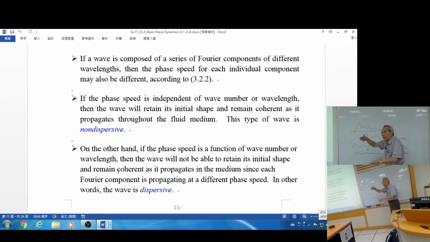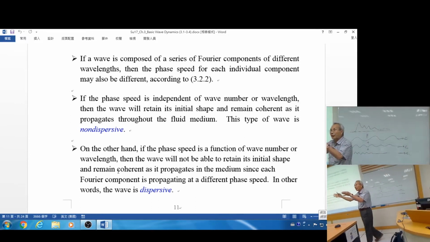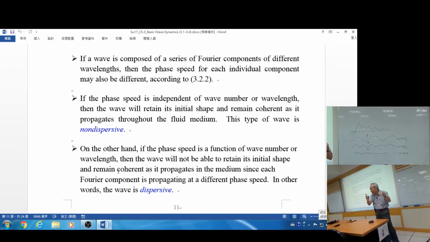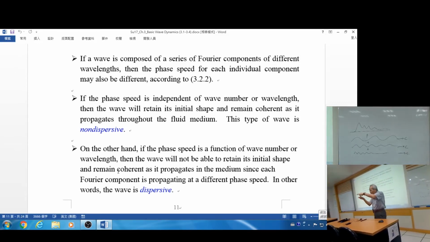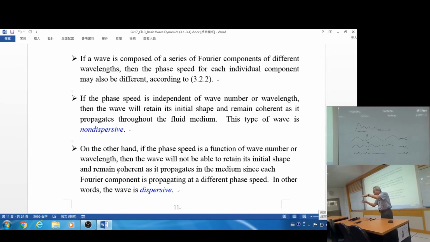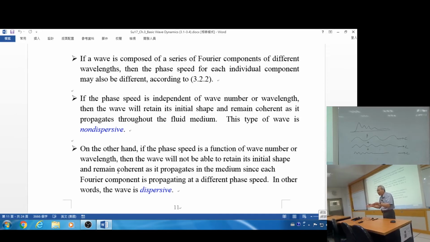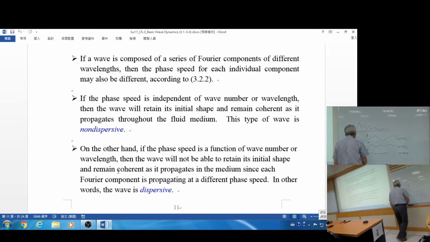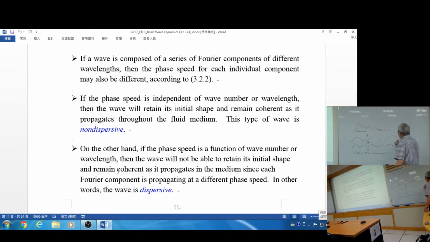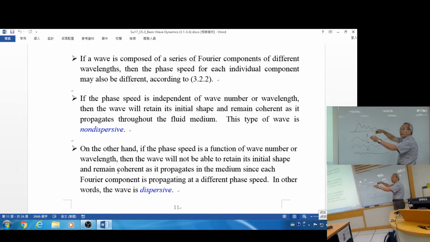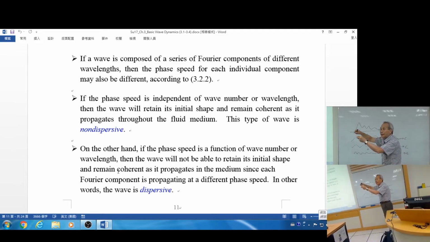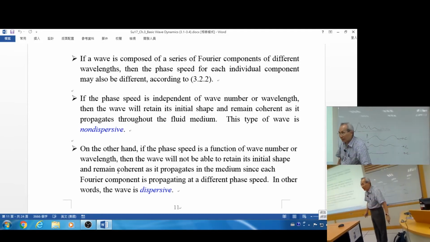So the wave pattern will stay the same, because although it is composed of many different waves, they all propagate at the same speed. Then the pattern looks the same. This is called non-dispersive. If this one propagates faster than that one, then the wave later on will be distorted. That is called dispersion.